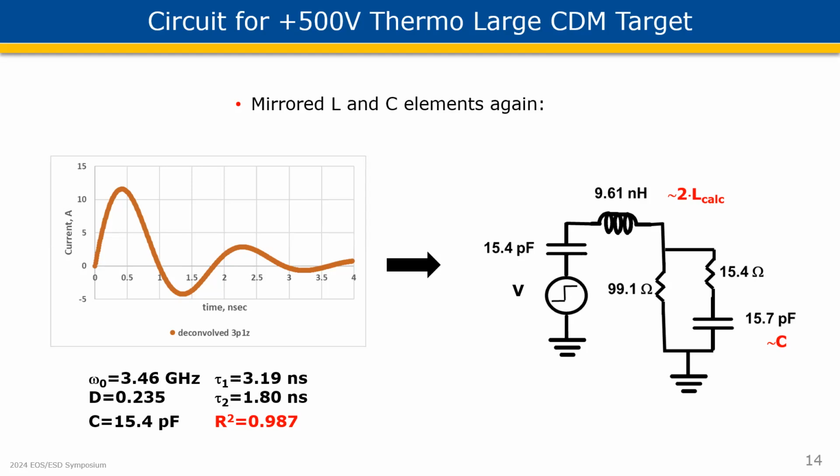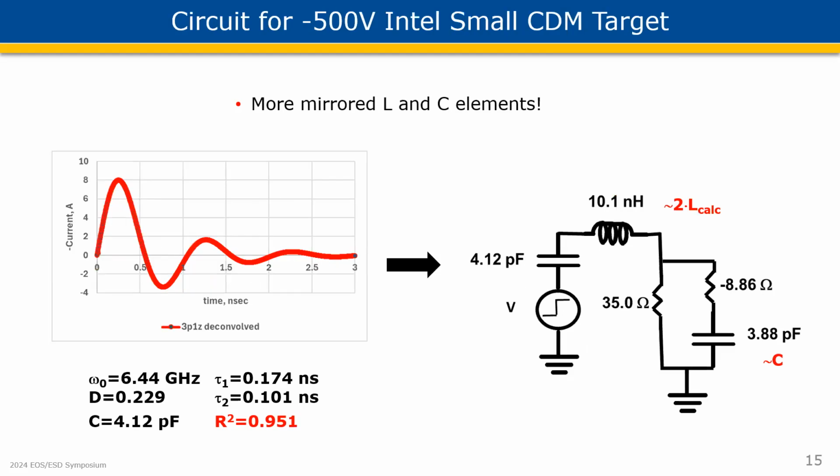So, okay, this pattern of behavior in the spark is holding up for the large target and also for the small target and other examples that we had in our tables there. Here's a minus 500 volt waveform we flipped over so that it looks more familiar.